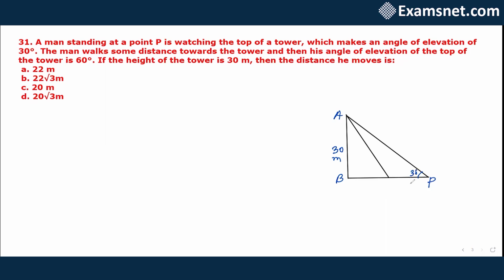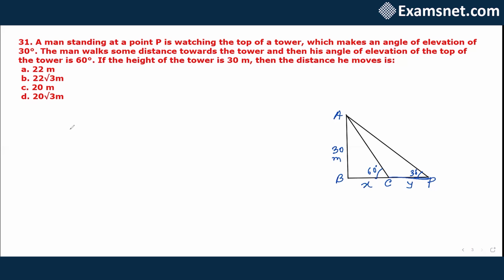After that, he started moving towards the tower, and after a few meters the man is at the point C, and at that time the angle of elevation to the top of the tower becomes 60 degrees. Here we are required to find the distance he moves. That means the length of CP. We can assume it as Y. Also, let me assume the length of BC as X meters.